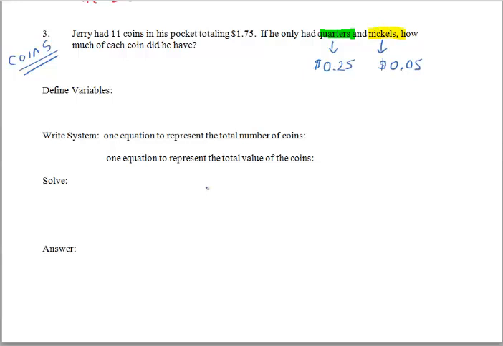So my variables, I'm going to use Q for the number of quarters, and then I'm going to use N for the number of nickels. Again, I want to make it as easy on myself as possible, so I'm choosing variables that will make sense to me in my final answer.